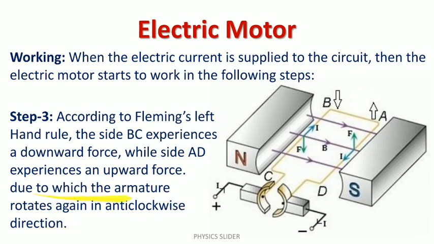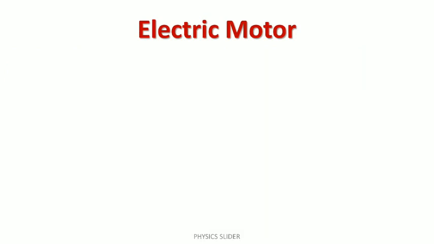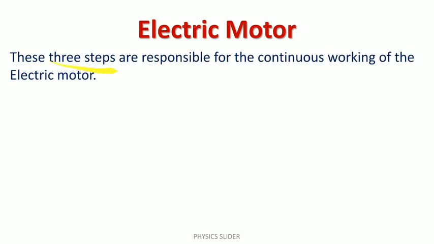So the armature rotates again in anti-clockwise direction. This again rotates in the anti-clockwise direction. So these three steps are responsible for the continuous working of the electric motor.